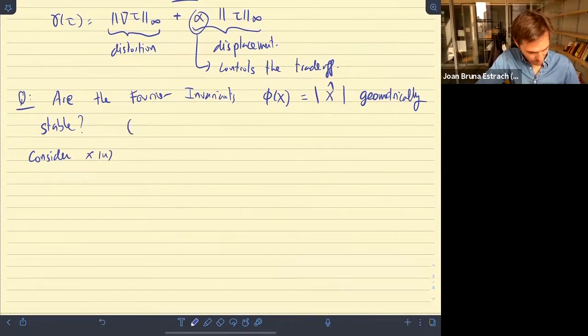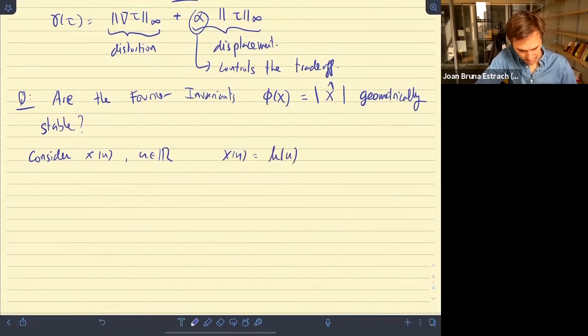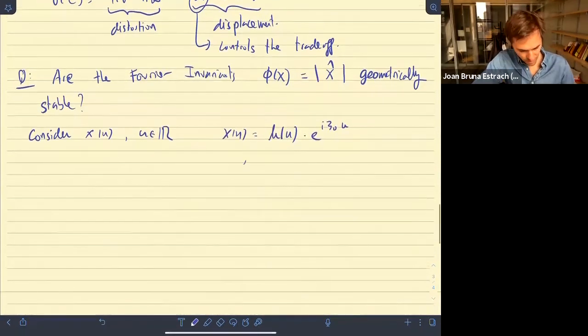Just pick U in R. So we just look at the 1D example. That is X of U, that is some window H that I modulate with a certain frequency. Okay, let's try to see what this is, right? So H of U, H is a low pass.